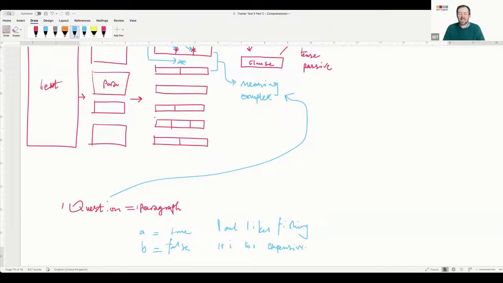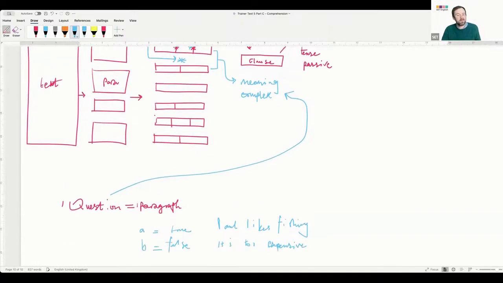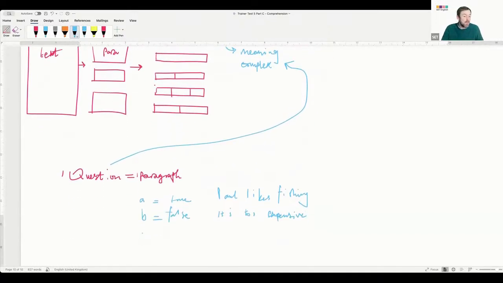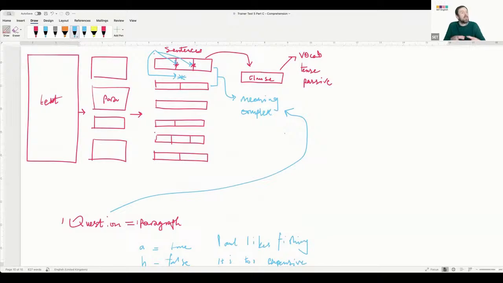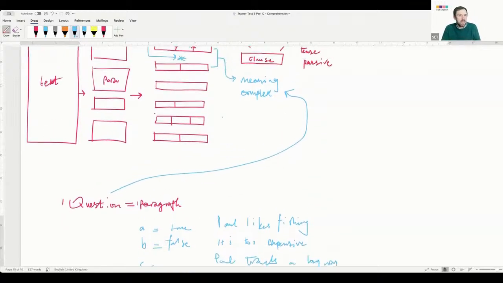Because I haven't mentioned anything about fishing. Okay, what if C was Paul travels a long way? Well, you know that one's not true either, because it says Paul lives by the sea. He has a fishing rod. So you know that C can't be right. And what that means is you have to combine these sentences together and you have to say whether things are true or false.